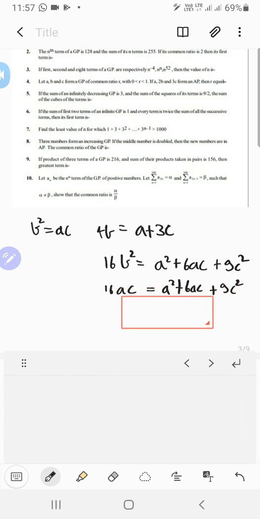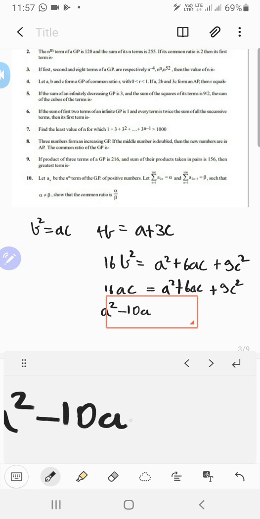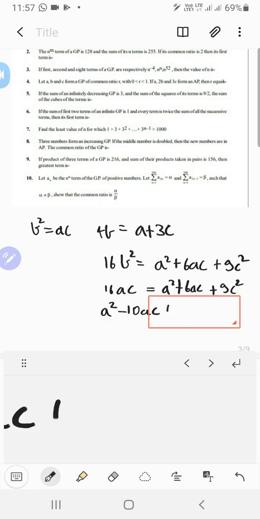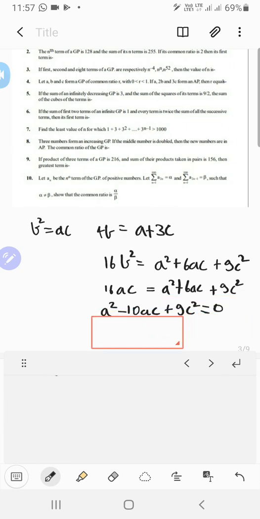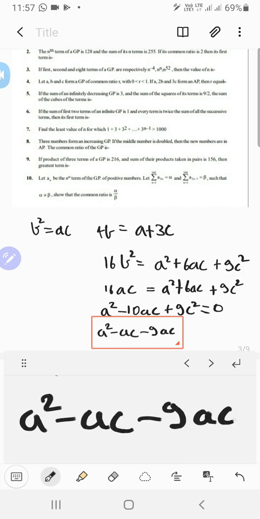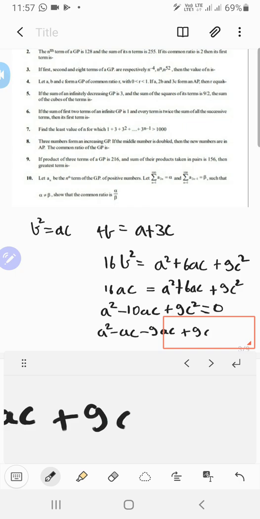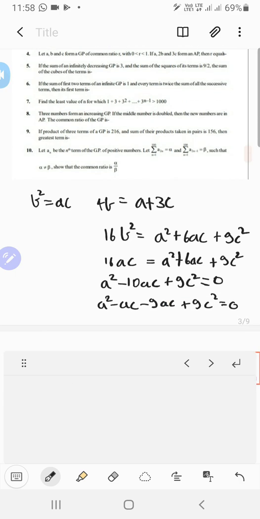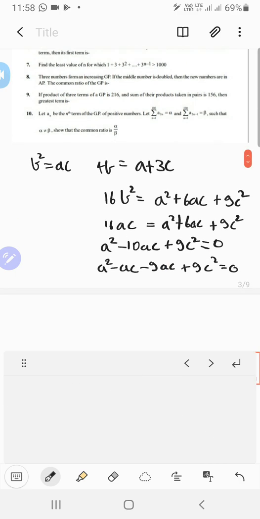That's nice. So that looks like a homogeneous quadratic equation in two variables. So let's solve this. Let's just bring everything to one side. You get A squared minus 10AC plus 9C squared is equal to 0. Let's try to factor it. So you get A squared minus AC minus 9AC plus 9C squared is equal to 0.